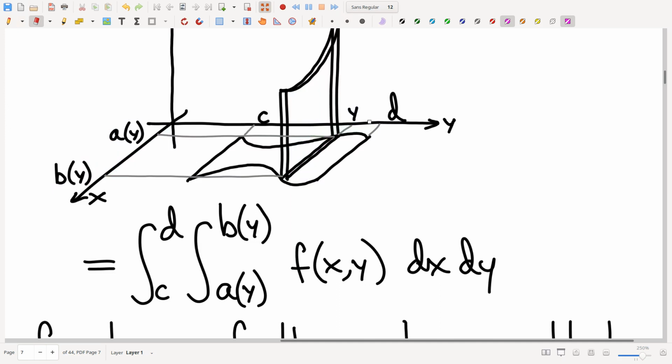But if I were to look at a different value of y, let's say some value about right there, for that value of y, let's see if I can draw a halfway decent representation. My little slice of bread, as it were, is a tall, skinny slice of bread. And you can see right here in the picture that the starting value is a different value of x, right?